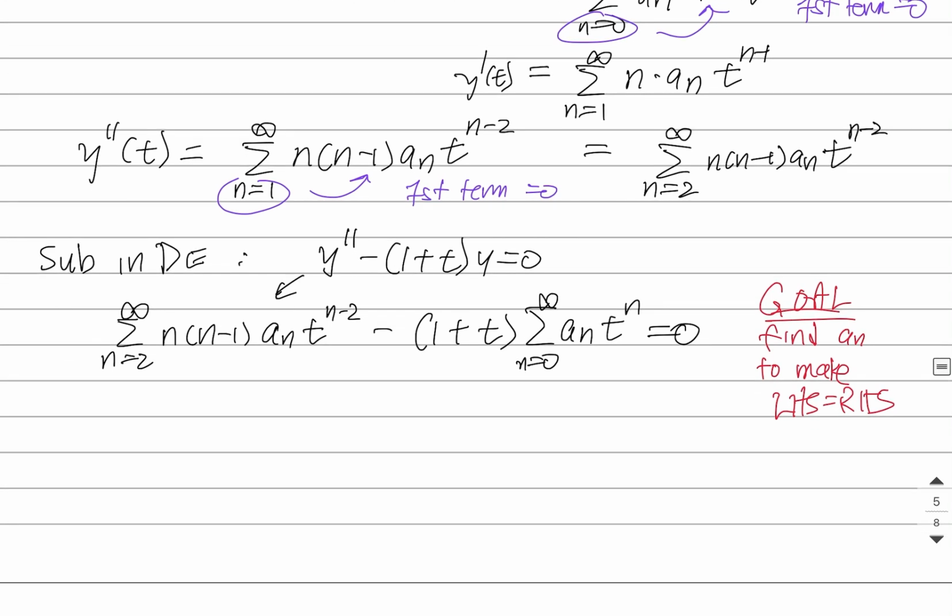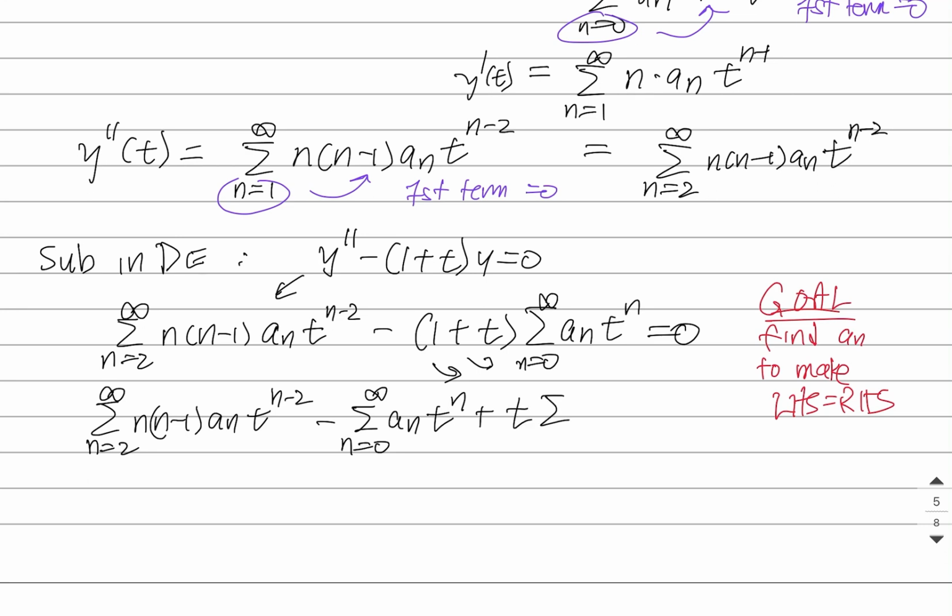So we've got a lot of algebra to work through. We'll have the sum from n equals 2 of n times (n minus 1) a_n t^(n-2). I'm going to distribute this term here, so I'll have minus the sum from n equals 0 to infinity of a_n t^n, plus t times the sum from n equals 0 to infinity of a_n t^n.